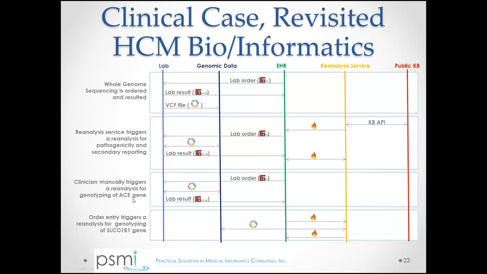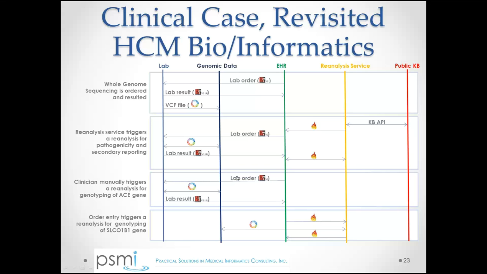Here, the clinician can also manually trigger a reanalysis for genotyping of the ACE gene. So the clinician just happened to read a compelling article and was already on the fence. I kind of sort of think this guy needs an implantable defibrillator, but you know what? If this ACE gene had the particular variant, that's going to tip the scale, and I'm going to go ahead and do it.